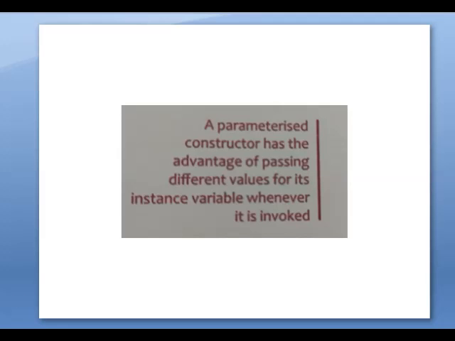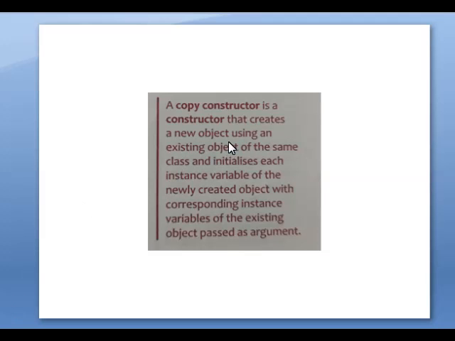The next one is the copy constructor. It is a constructor that creates a new object using an existing object of the same class and initializes each instance variable of the newly created object with the corresponding instance variables of the existing object passed as an argument.